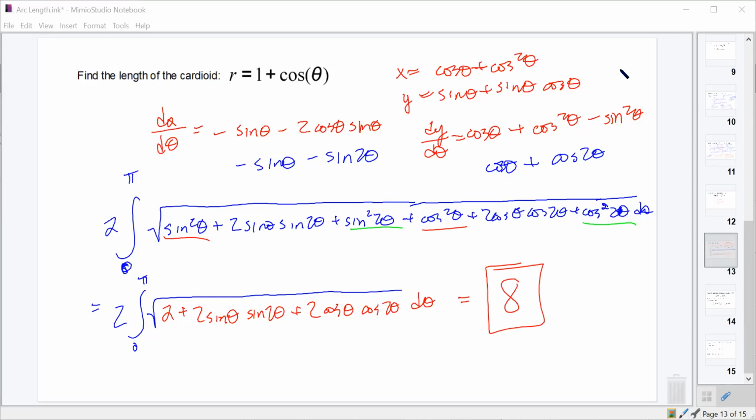Yeah, you would, Nick, yes, you would take out the 2 first. And then this sine theta, sine 2 theta, cosine 2 theta, you have to use the sum and difference identities to turn those into just a singular trig function. And then you could use the same idea as before, but we don't need to worry about that. They won't ask you to do that.